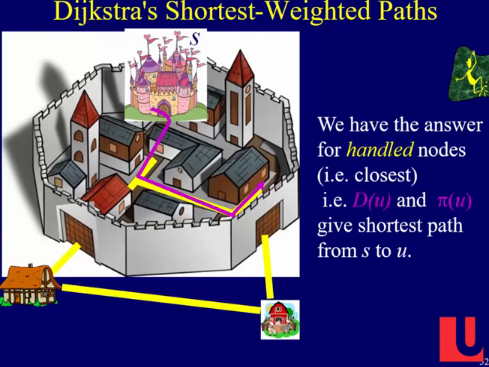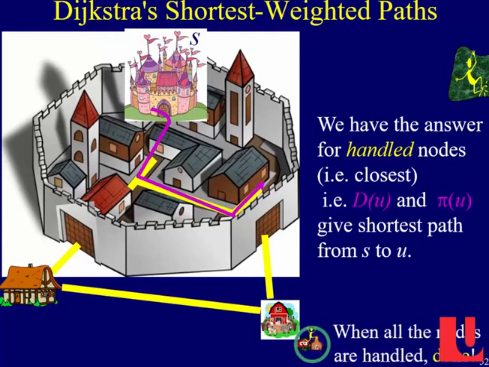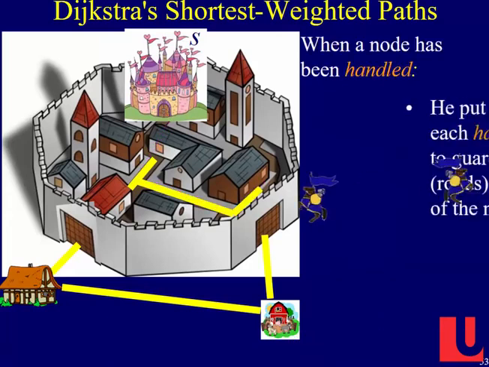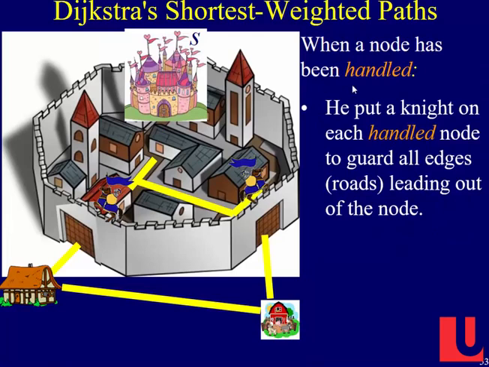Right? But more than that, right? Oh, and when are we done, to get the postcondition? Well, if all the nodes are handled, then this loop invariant tells us that we have the answer. Right? We're done. Right? So because let's have a knight protecting people, right?